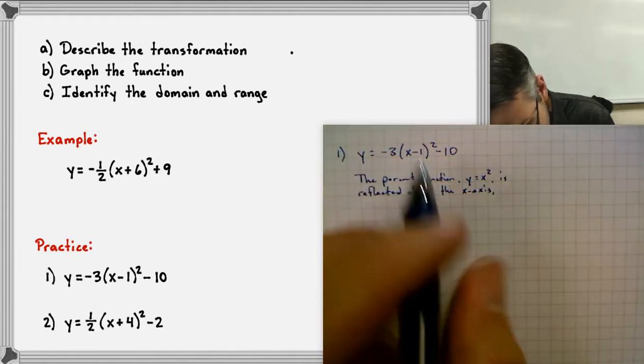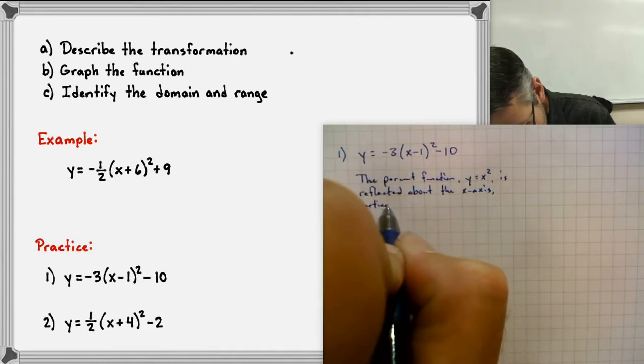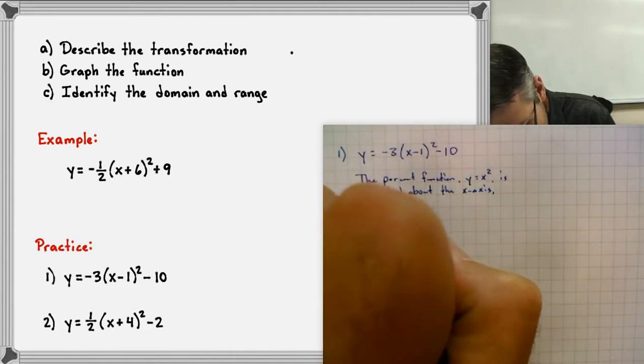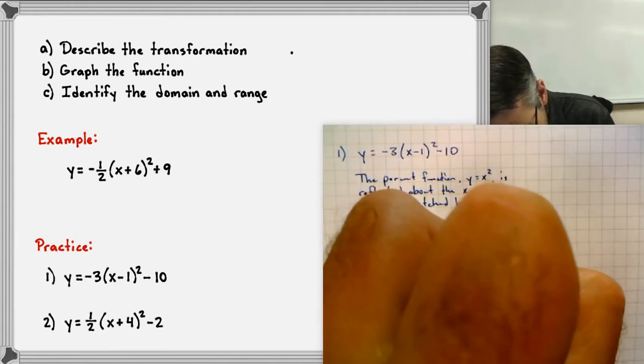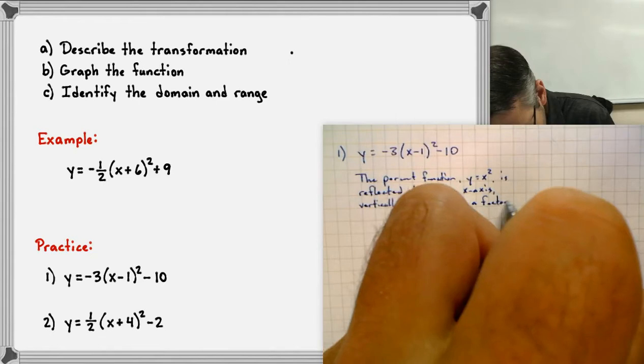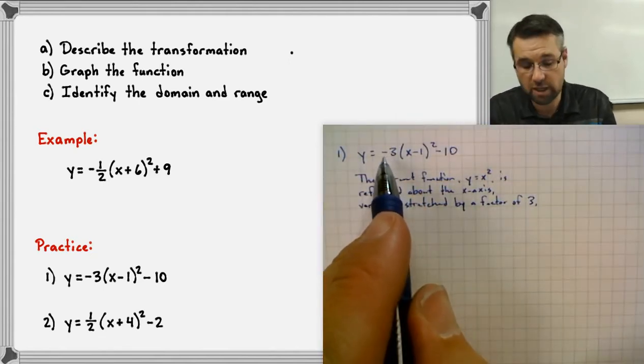Okay, we've got that. Then it is vertically stretched this time, not shrunk, stretched by a factor of 3. Okay, so since that's bigger than 1, it's a stretch, not a shrink.